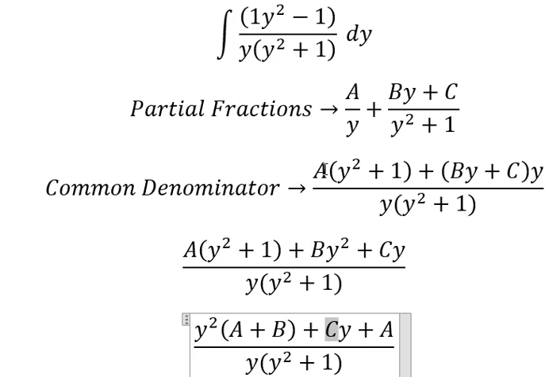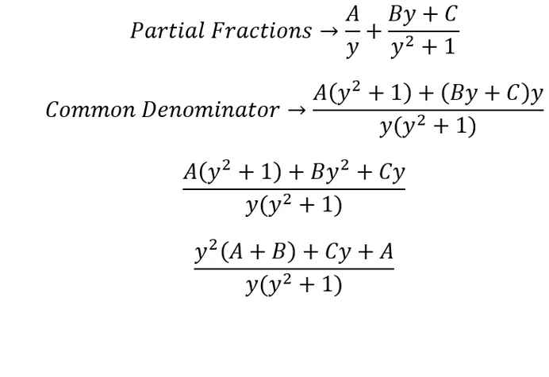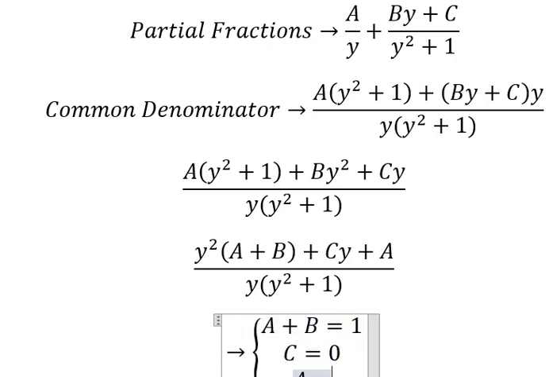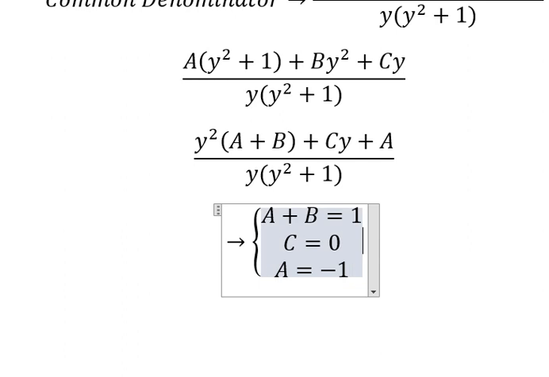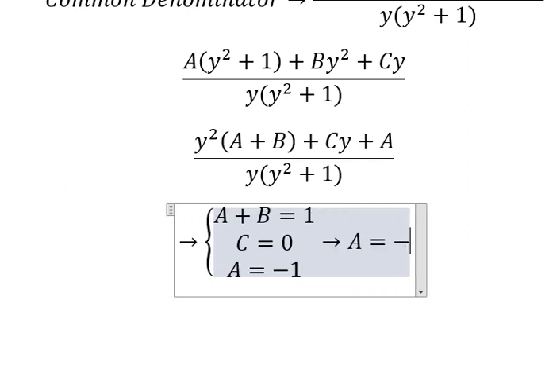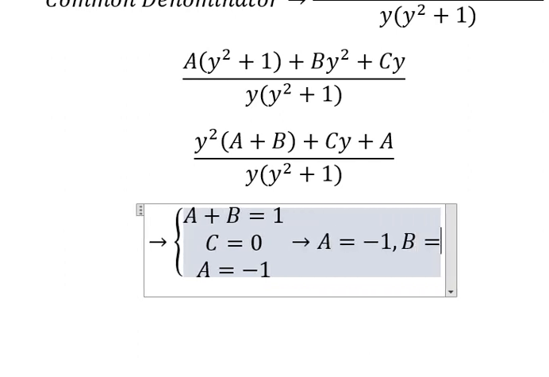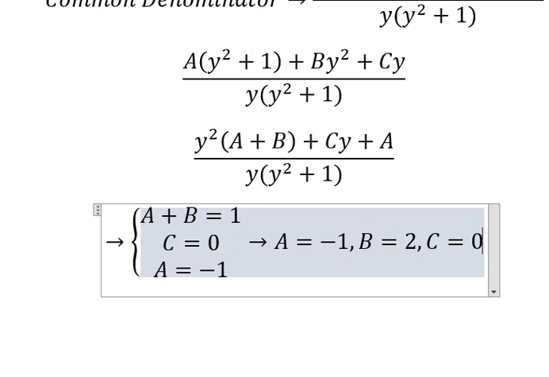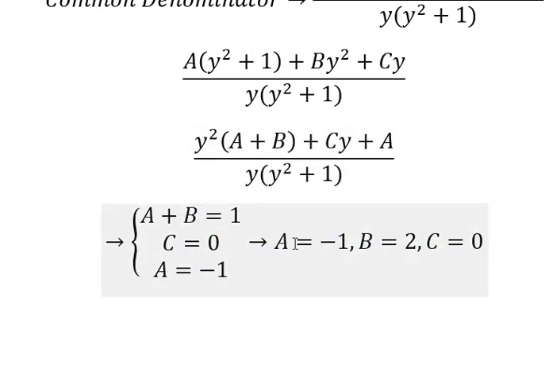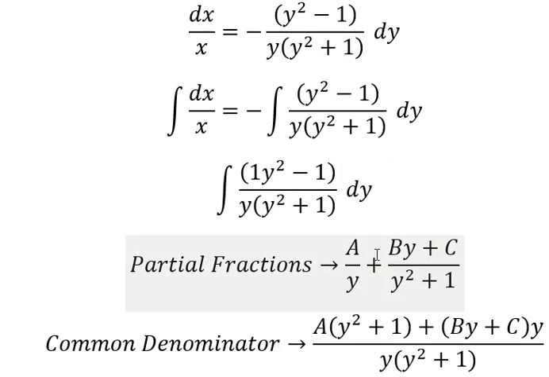We don't have a y term, so C equals 0. A equals negative 1. Now we create the system of equations, and we can find A equals negative 1, B equals 2, C equals 0. And now we put A, B, C in here.